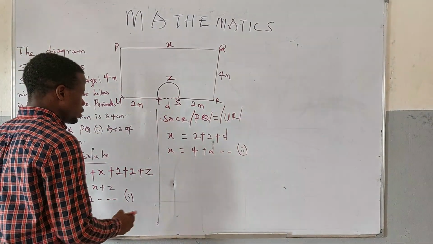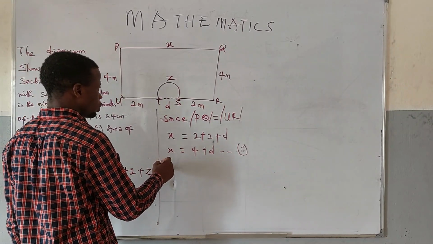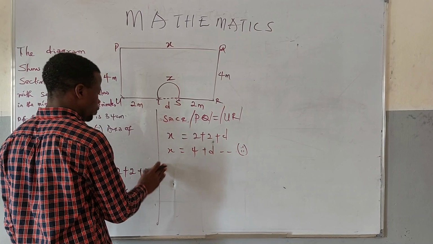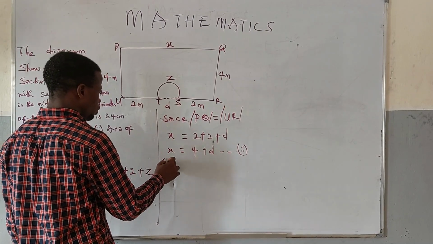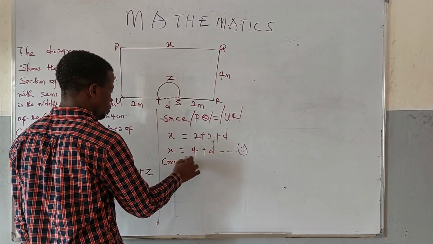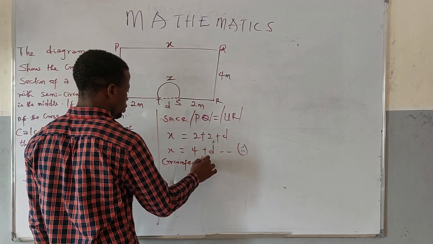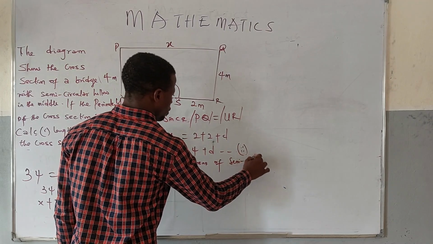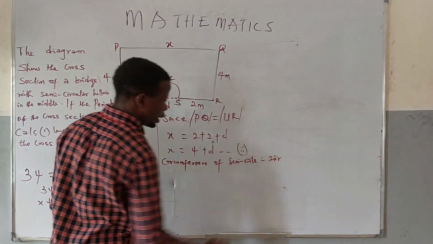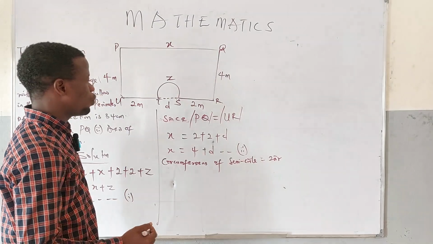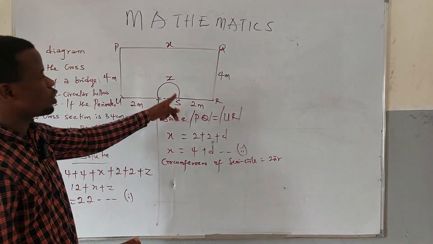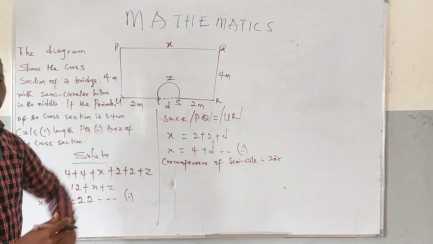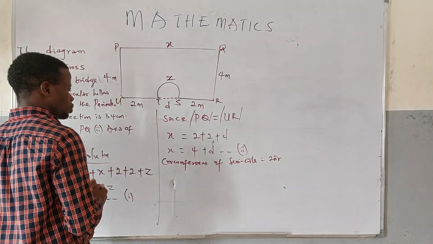Ideally, the perimeter, let me call it the circumference, of a semicircle is 2 pi r, right? Isn't it? So I want to calculate the circumference of this semicircle. Then we want to get d from there to help us.